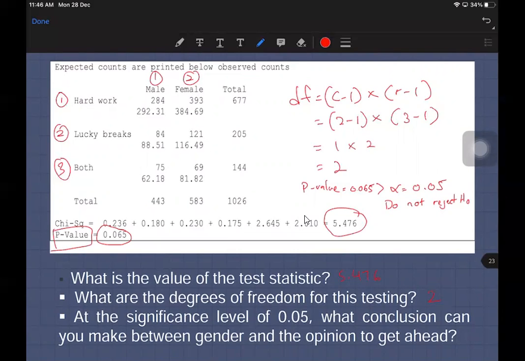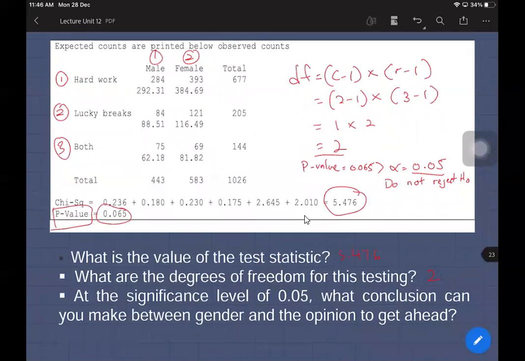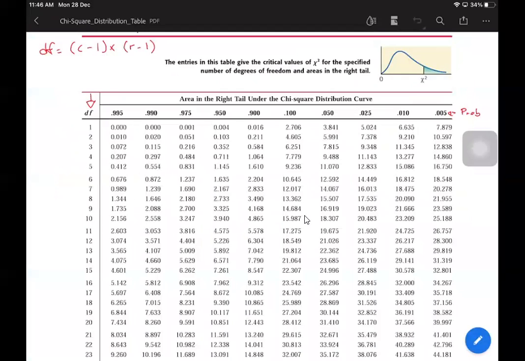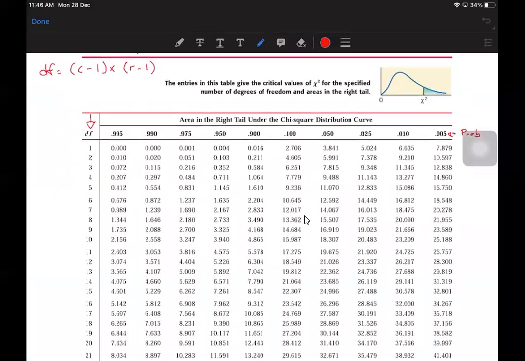But if you want to use the critical value approach, we can refer degree of freedom to alpha 0.05, which we have referred just now. Degree of freedom 2 to alpha 0.05 is 5.991. Okay, critical value is 5.991.